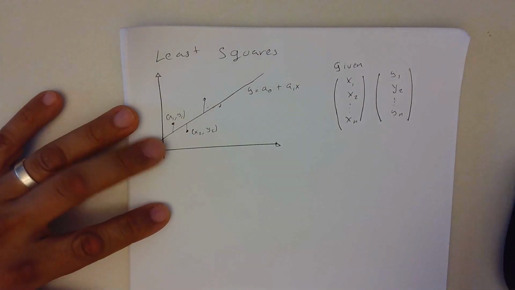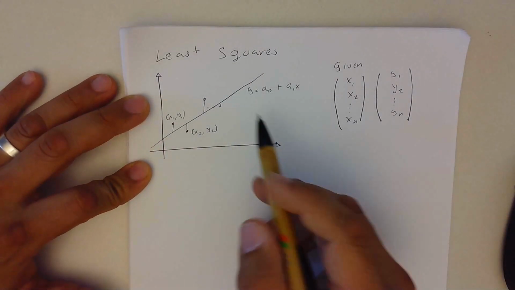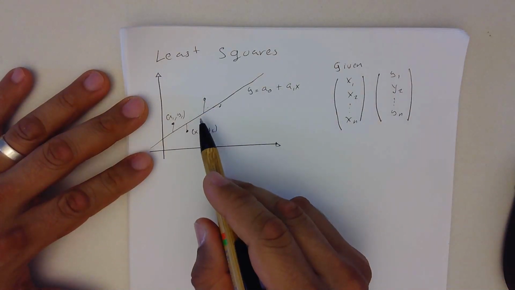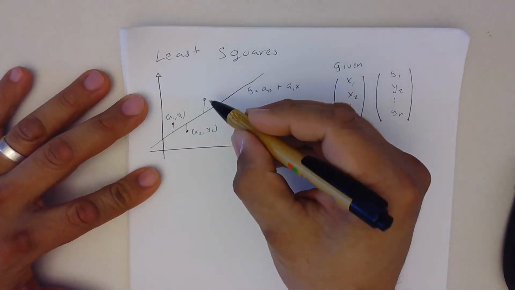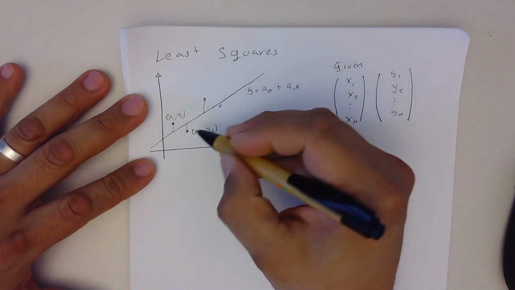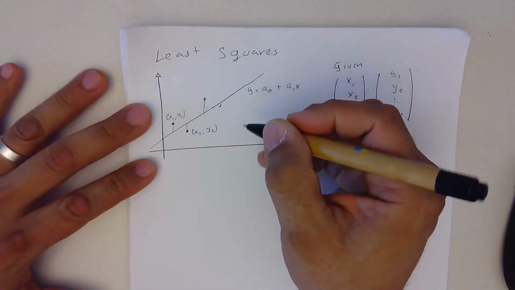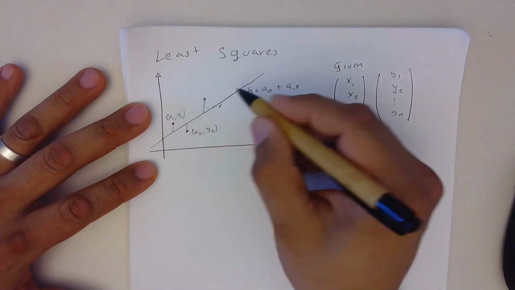Least squares is one of the optimization methods used to reduce the error when we do linear regression. As we can see, some of the errors could be positive, some could be negative, and the idea is to minimize this error.